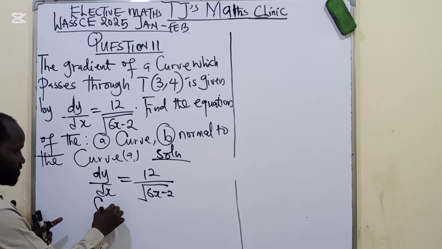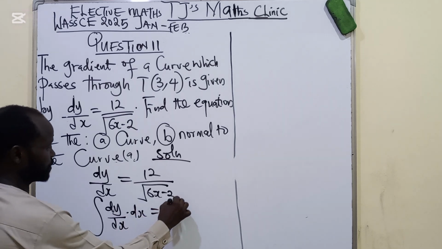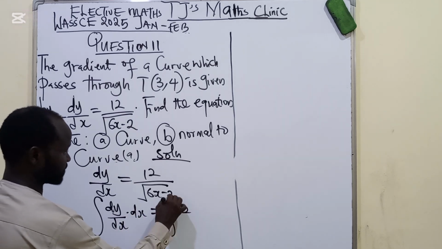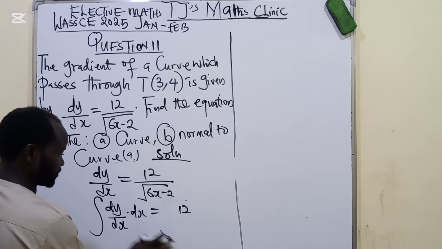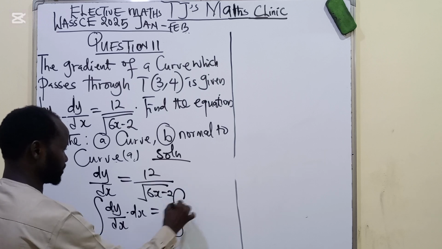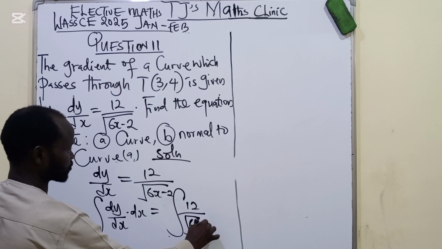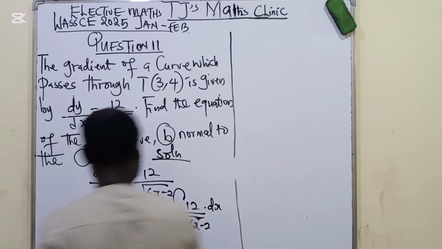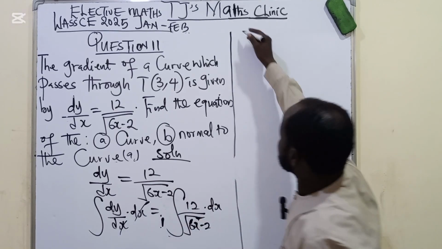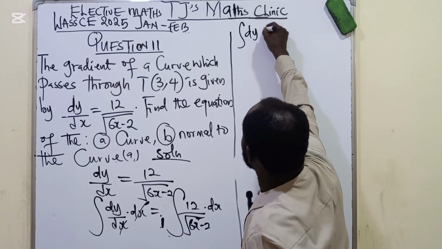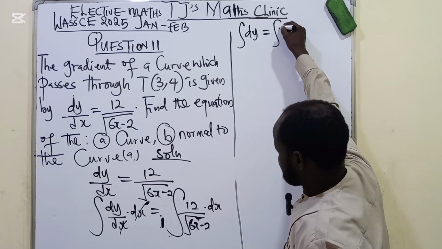This will be equal to the integral of 12 divided by the square root of 6x minus 2 with respect to x. We're left with the integral of dy.